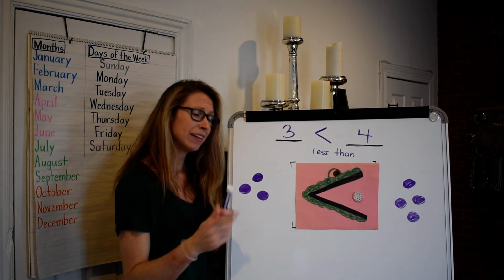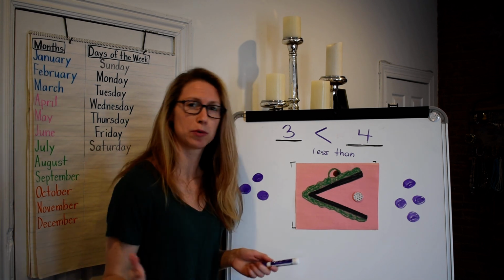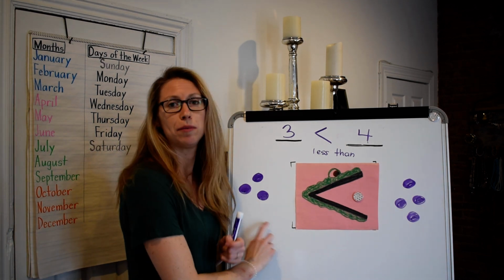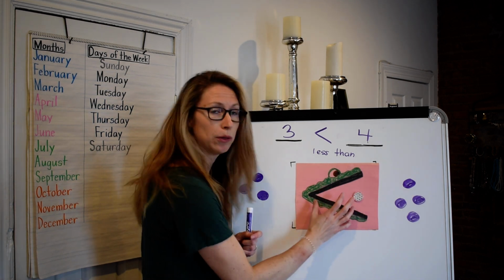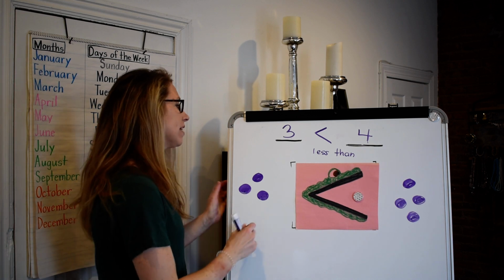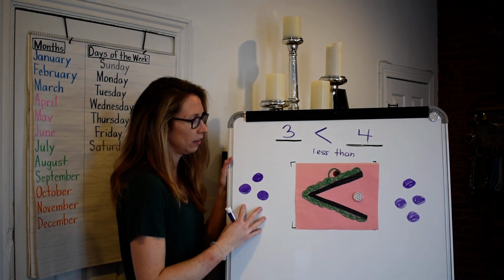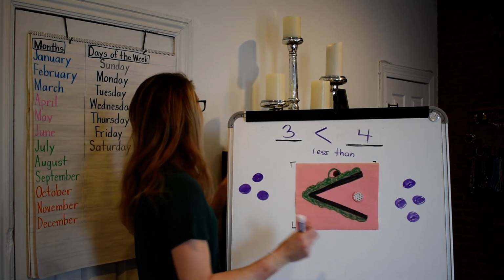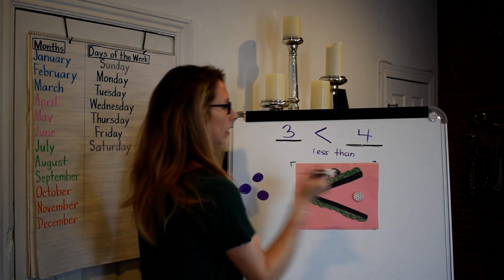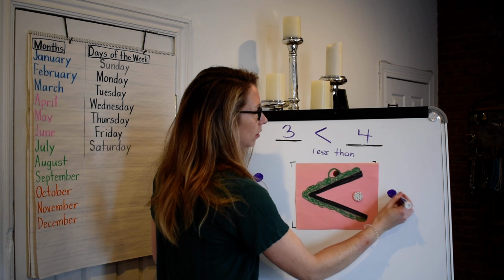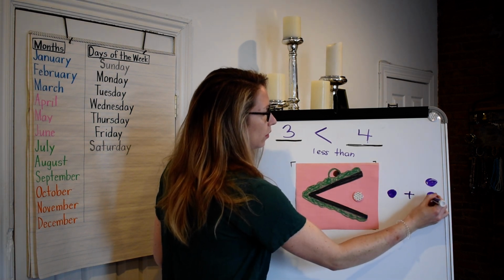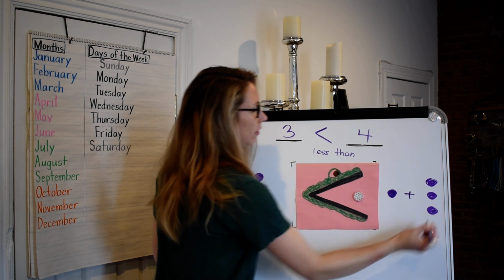Good. Now, do you remember when we were doing the equals problem, how I made one side be 3 plus 2 equals 5? I could do that with these problems too. So what if I said 3 is less than 1 plus 3.